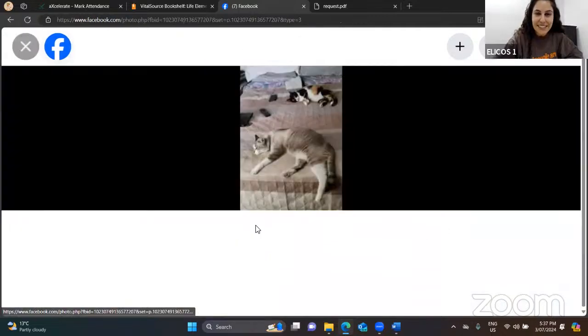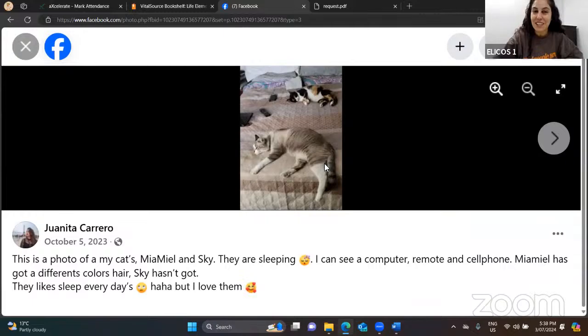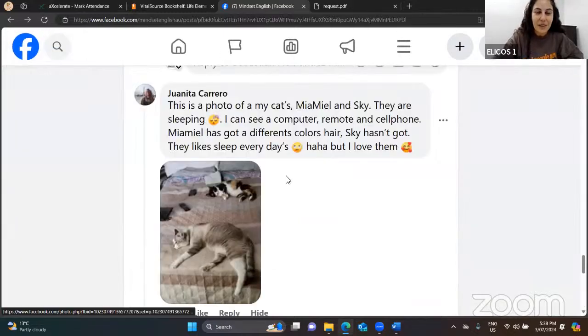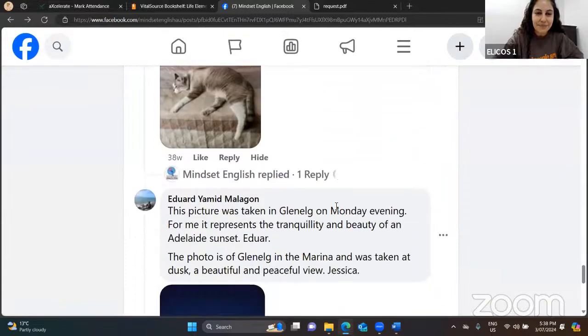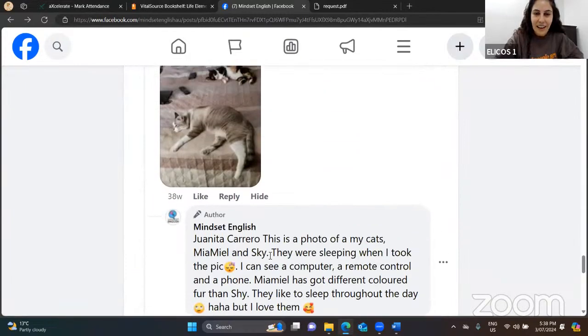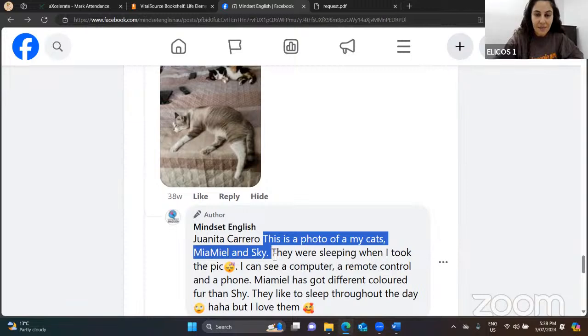Juanita. So Juanita shows us this picture. You can see two cats in the photo. So Juanita says, this is a photo of my cats, Mimi and Sky. They were sleeping when I took the pic.